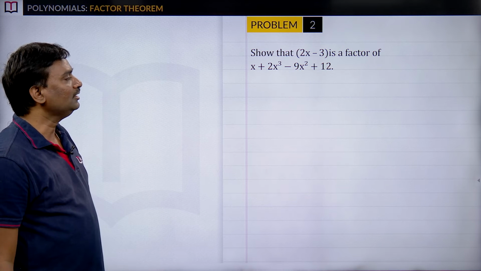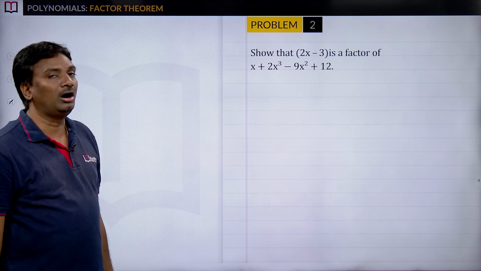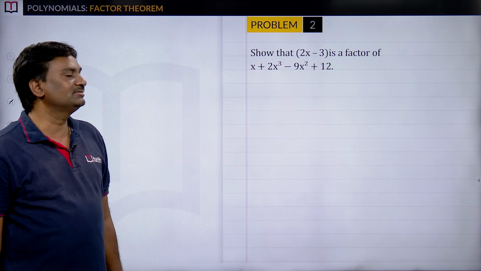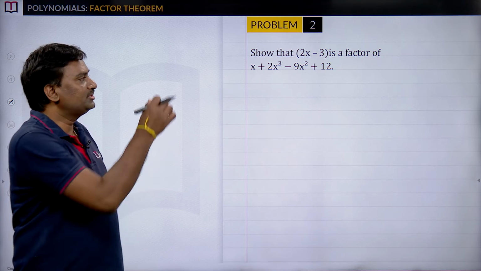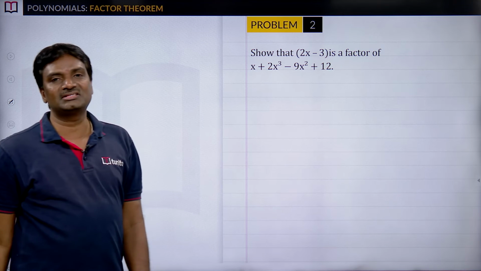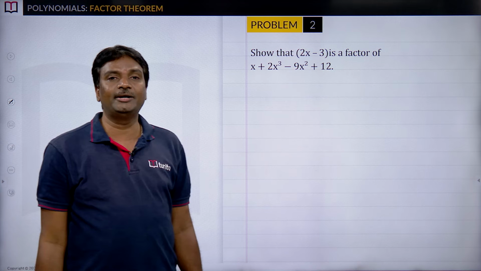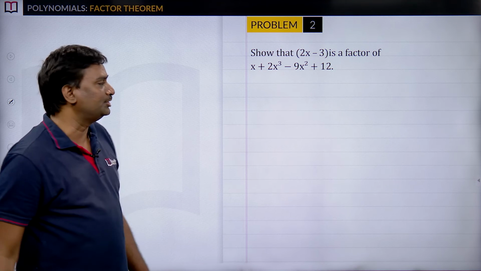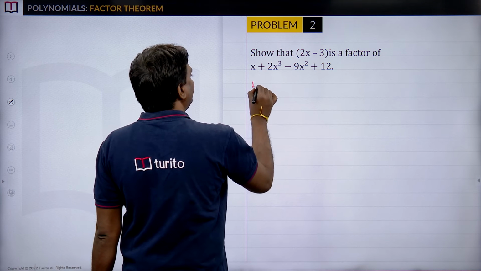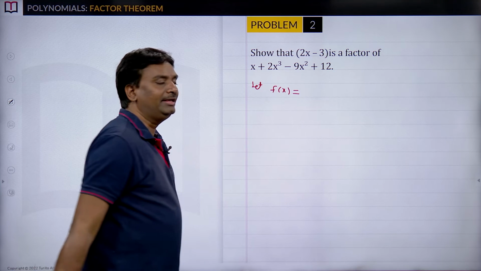Next, show that 2x minus 3 is a factor of x plus 2x cube minus 9x square plus 12. So first of all, the given polynomial, means second polynomial, is not in the standard form. If you want, you can convert that to a standard polynomial, otherwise you can keep it as it is. They have not given the name of the polynomial, so that's why I am taking f of x.